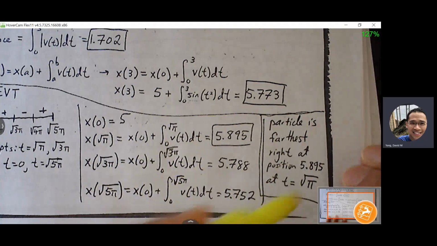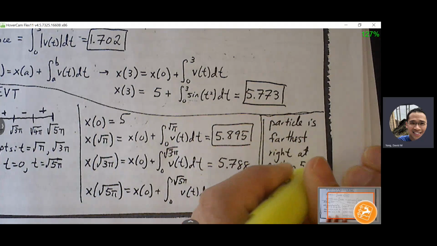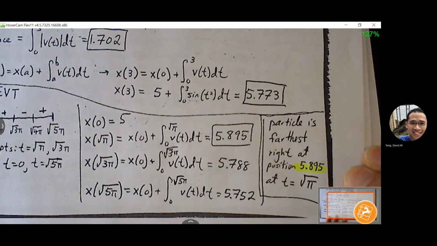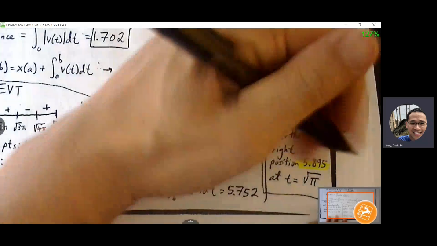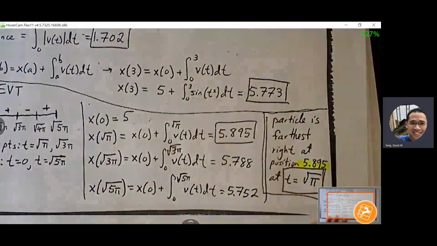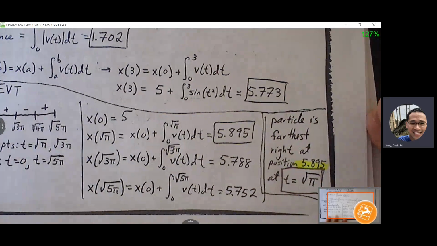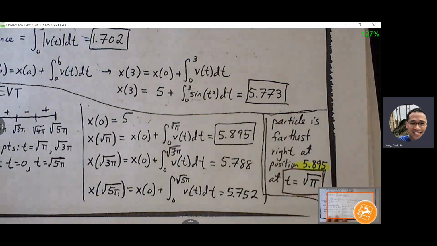Again, the most important information is that, oh, sorry, this is the case where it says find the time. So the more important information is here at time t equals root pi. Usually, the problem will be asking for that value where that maximum, where that furthest to the right occurs, but this time it's asking for the time.